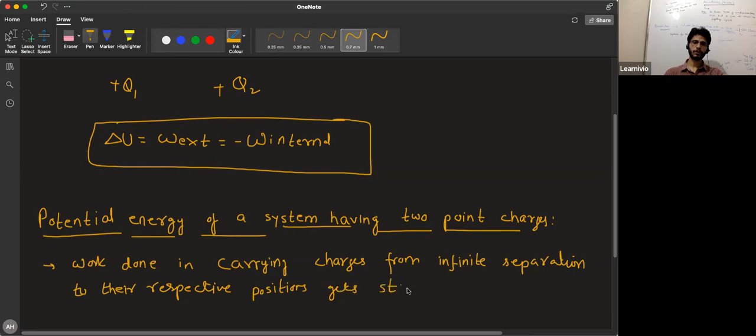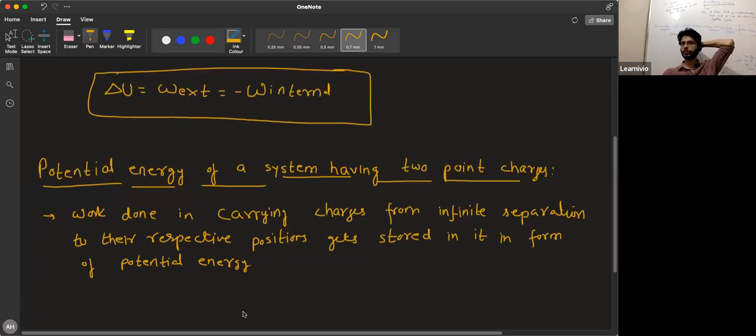That work done gets stored in the form of potential energy. So the work done in carrying charges from their infinite separation to their respective positions gets stored in the form of potential energy.